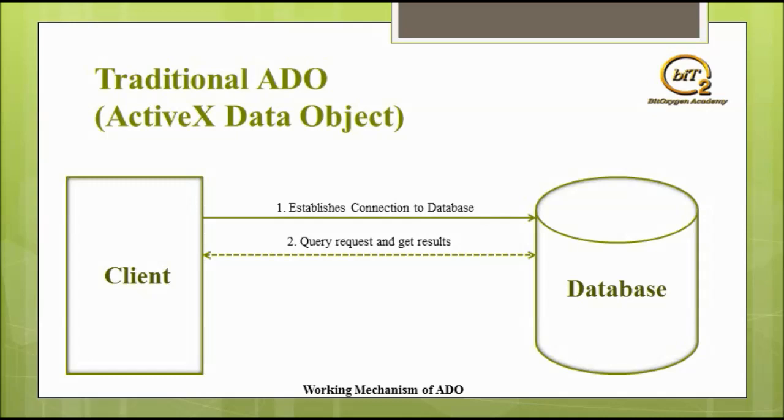In the next step, query processing takes place and the appropriate result is delivered if the connection is established successfully. The second step is repeated till there is a need of working on data. Any number of queries can be processed one after another.